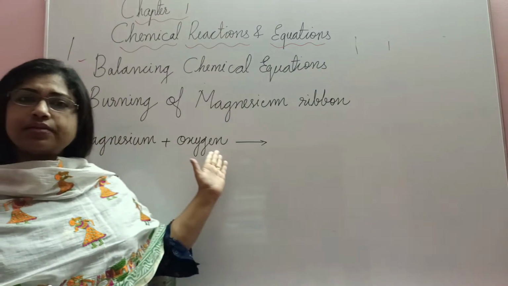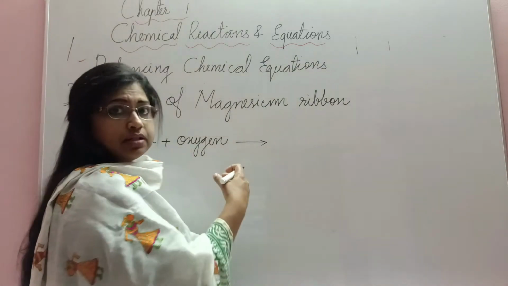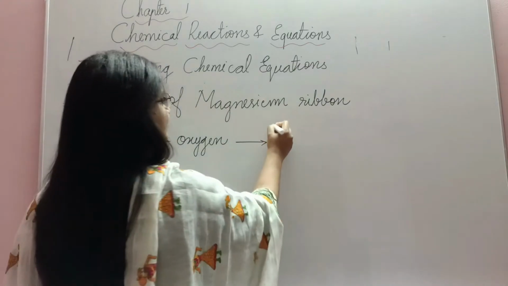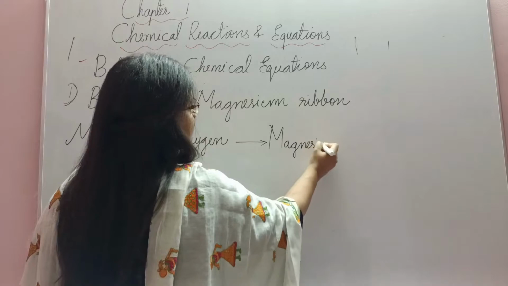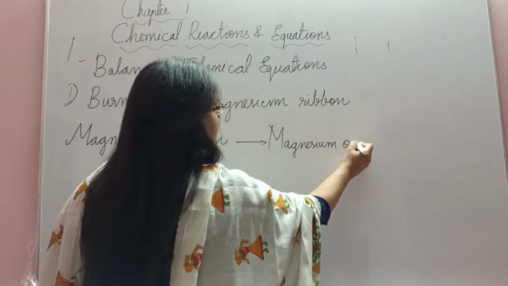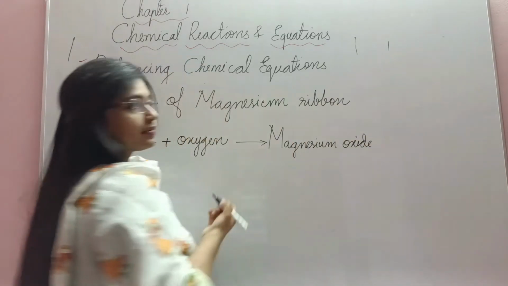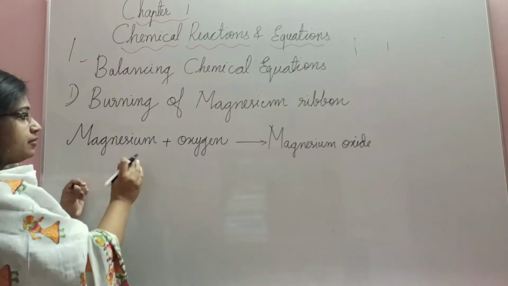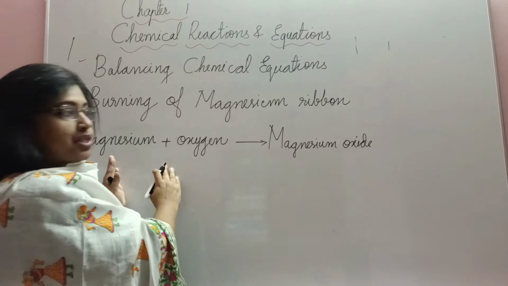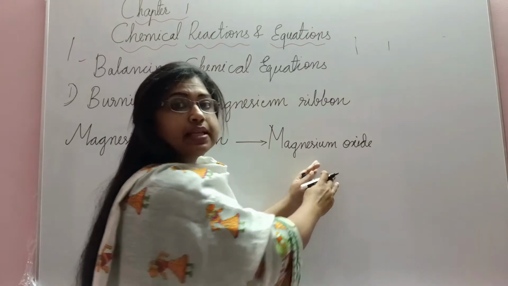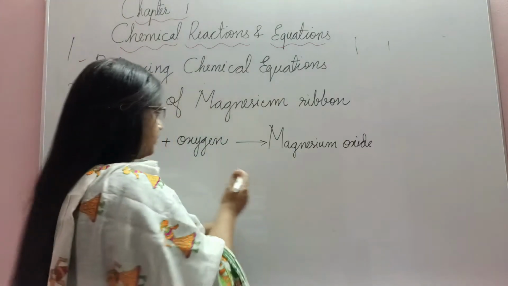When magnesium reacts with oxygen, we will get magnesium oxide. Now we can say the reactants are on the left hand side of the equation and the products are on the right hand side of the equation.